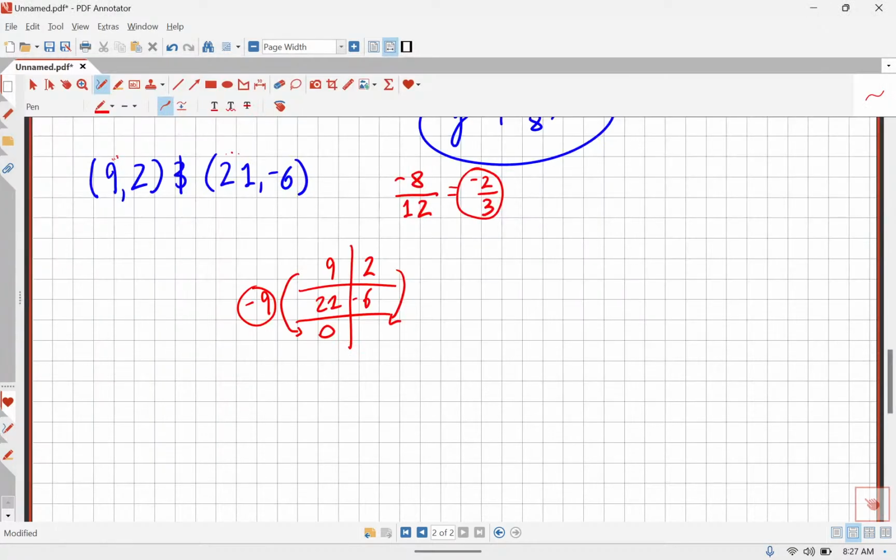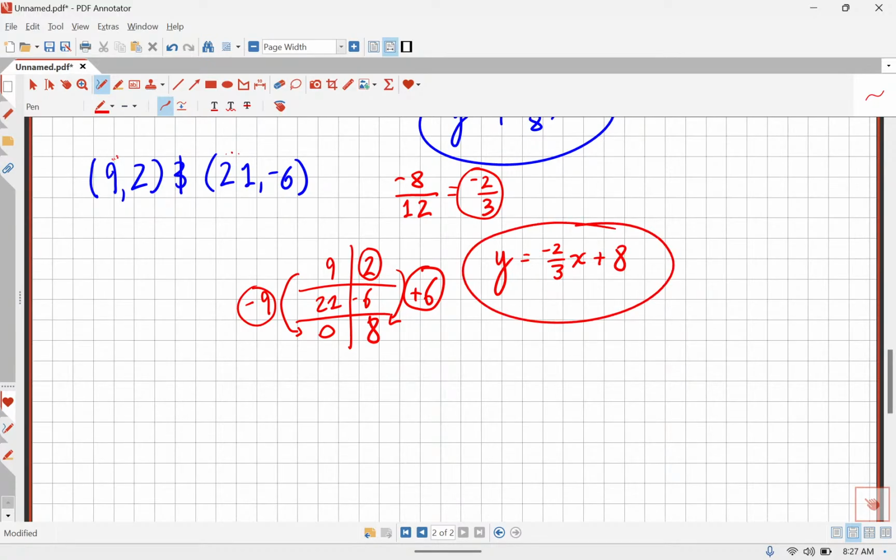And that's an increase of 6. And then 2 plus 6 gives me 8. So what does that make my equation? Beautiful. How many of us got y equals negative 2/3 x plus 8, or y equals 8 minus 2/3 x?